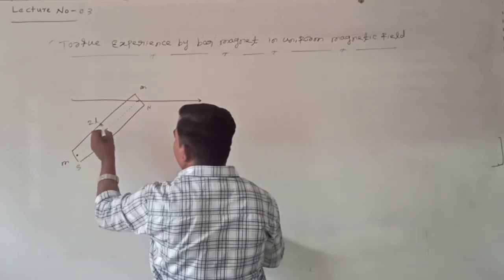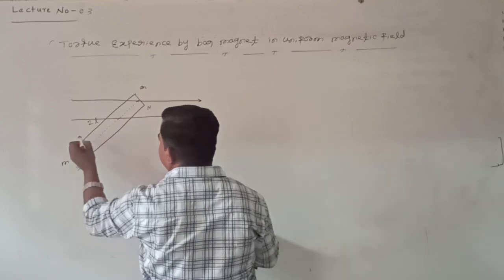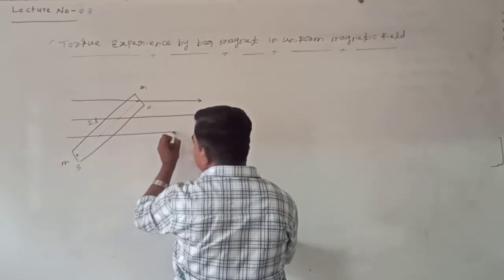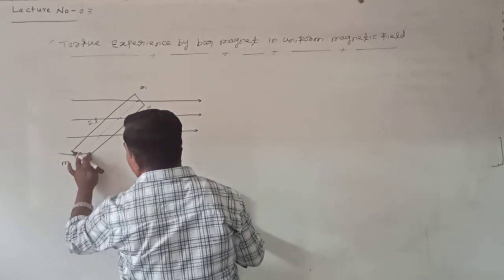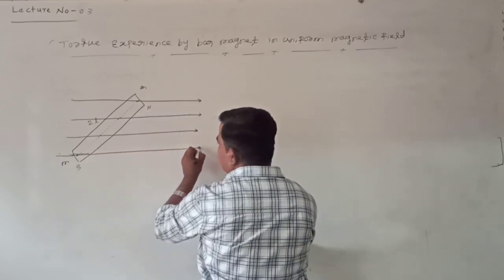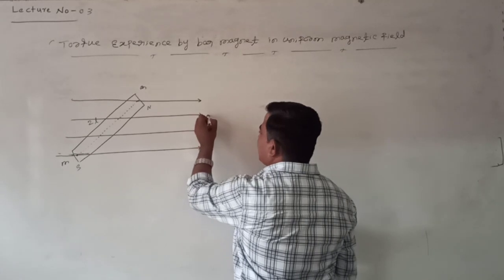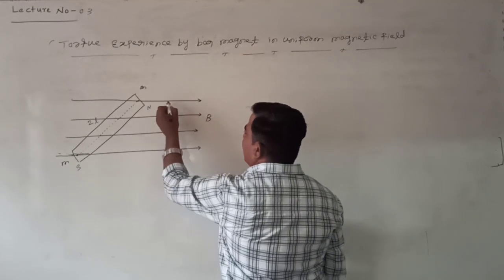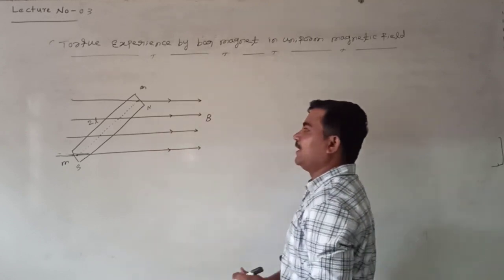This is a uniform magnetic field. So the magnitude and direction must be the same at every point. This can be represented by a set of parallel lines. This I can call a uniform magnetic field.